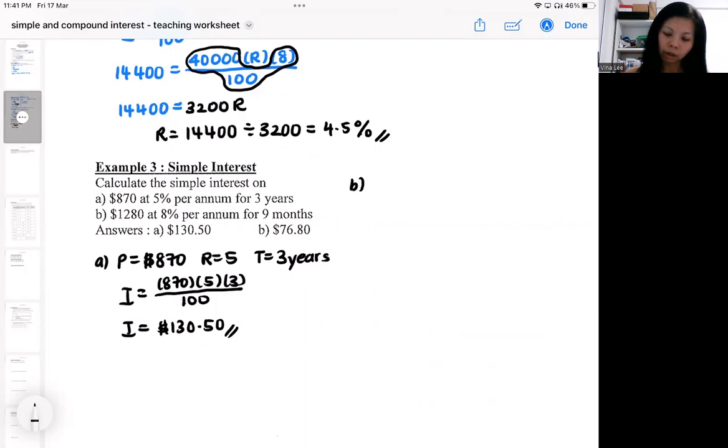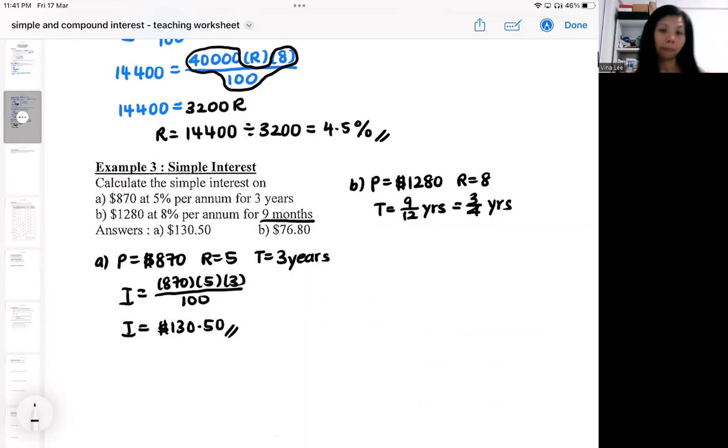Part B may be a bit more tricky. Part B, the P is $1,280. R is 8. Now this is 9 months. So you need to remember to convert to years. 9 months is actually 9 over 12 years, which is 3/4 years. So how much simple interest?